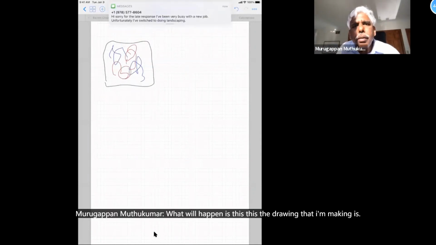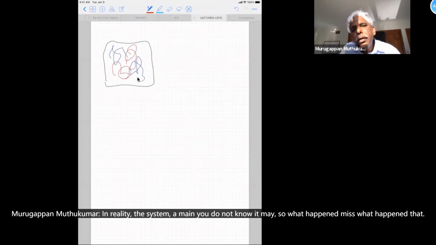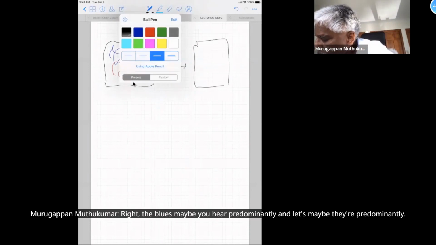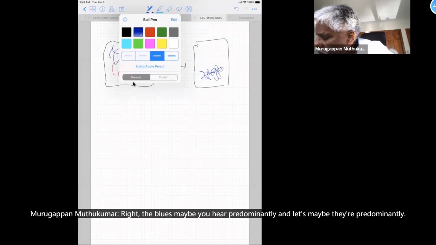The drawing that I'm making is deliberate. But in reality, the system may not be looking like this. In reality, we do not know. It may so happen that the blues may be here predominantly and reds may be there predominantly.